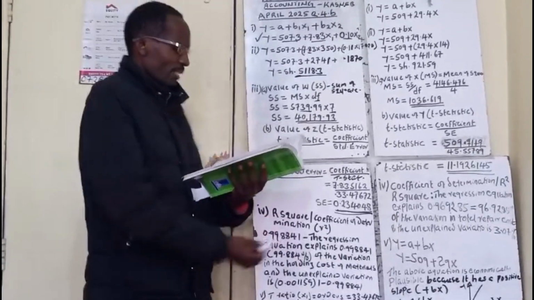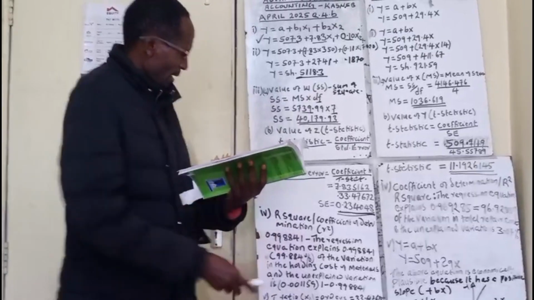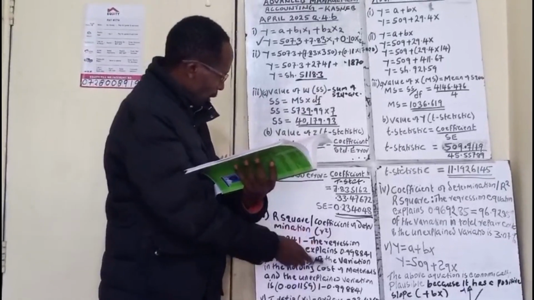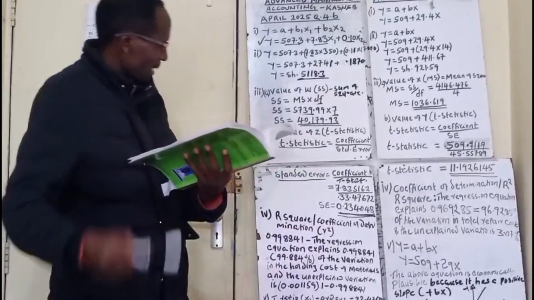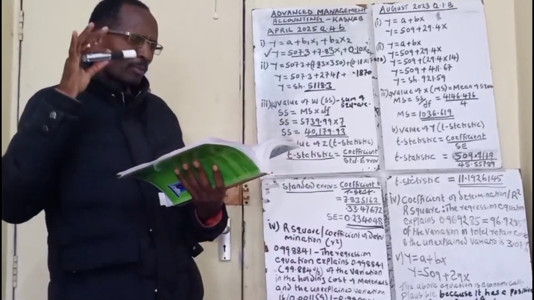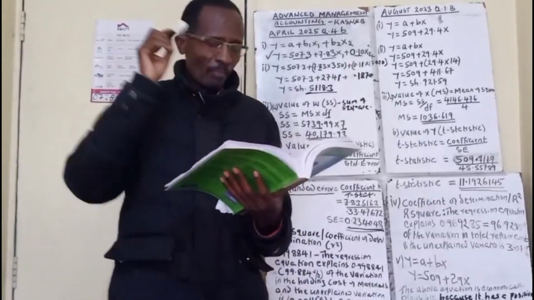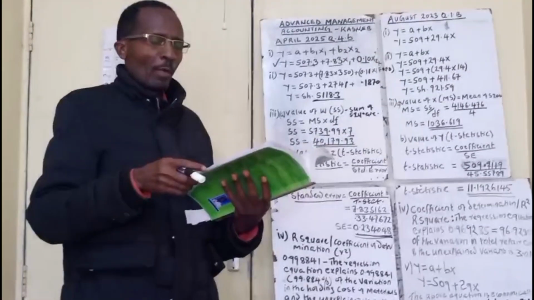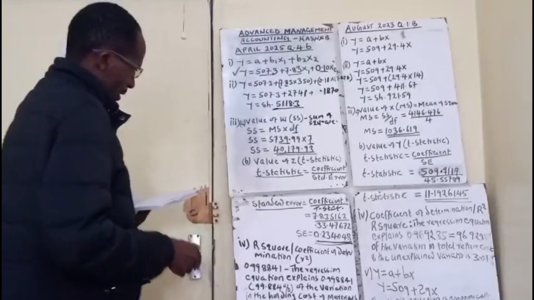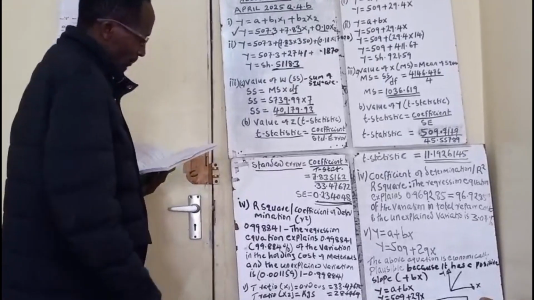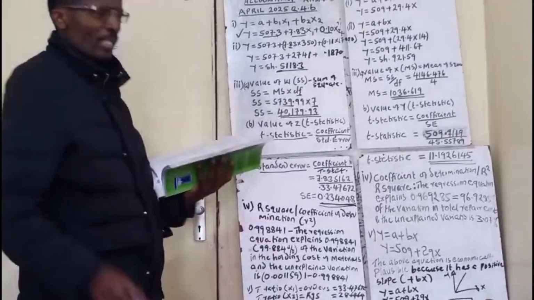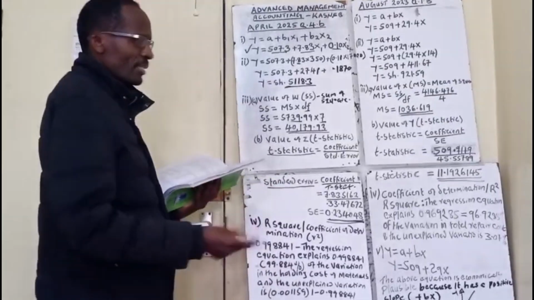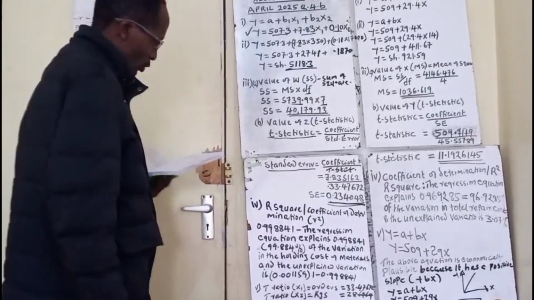So what it means is that the R square, which you have been given there, 0.998841, it explains the variation in the x-axis if you compare with what is in the y-axis. So that is the answer for that. So simply, 99% has been explained, the remaining is unexplained in terms of variation.